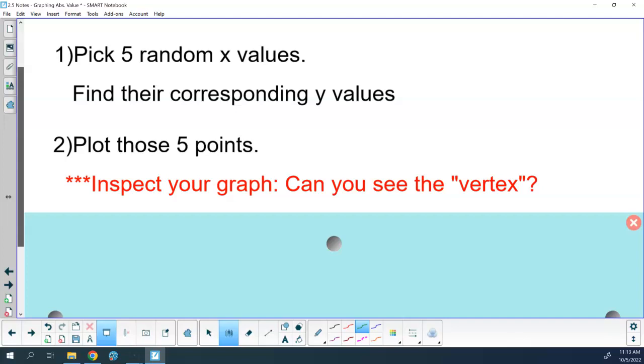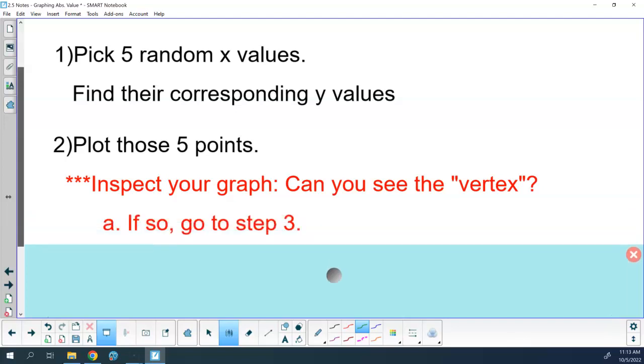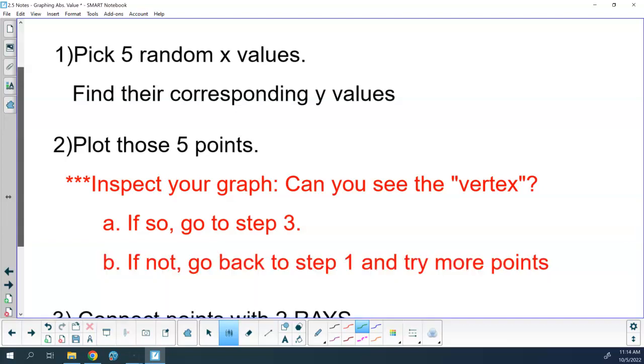If you know where it is, you get to go to step number 3. If you don't see it, then you gotta go back to step number 1, and you've got to try more points until you know where that V is.